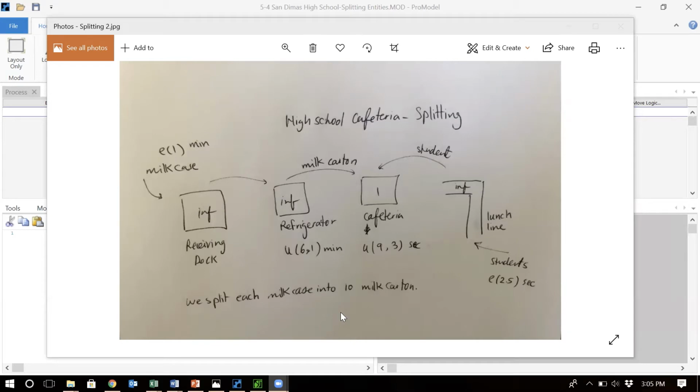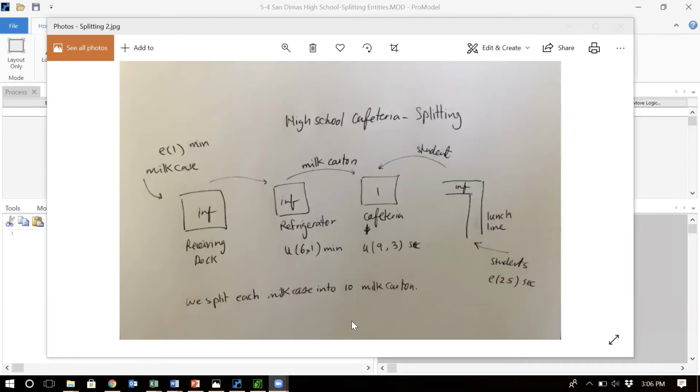Okay. So what I want you to do is please create a new model in the folder for week 5. Name this model high school cafeteria splitting. In this model, we are going to have the receiving dock with capacity of infinity, refrigerator with capacity of infinity, lunch line with capacity of infinity, and cafeteria with capacity of 1.